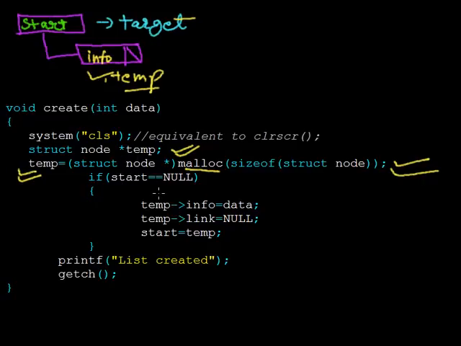Then if start equals null, means if we are creating the first node, then copy the data part into the info part of the node.